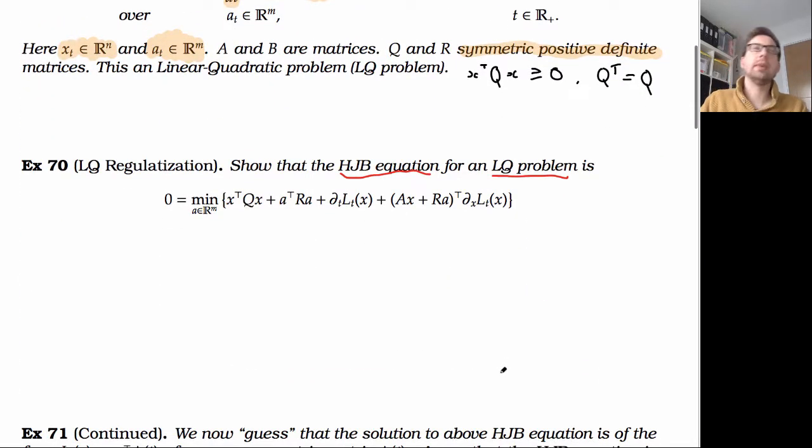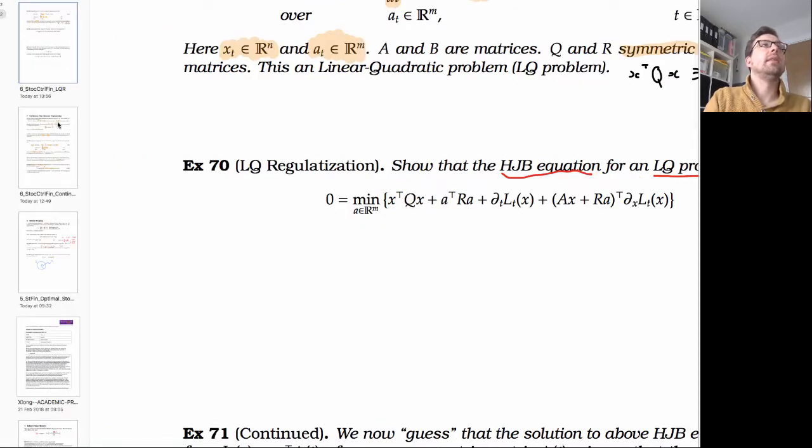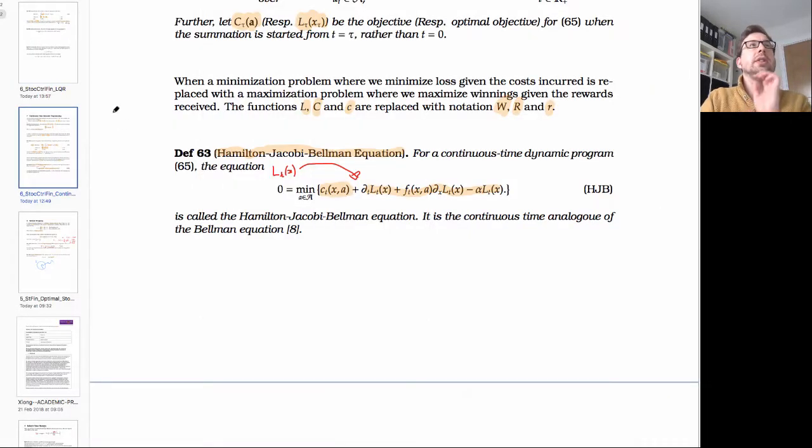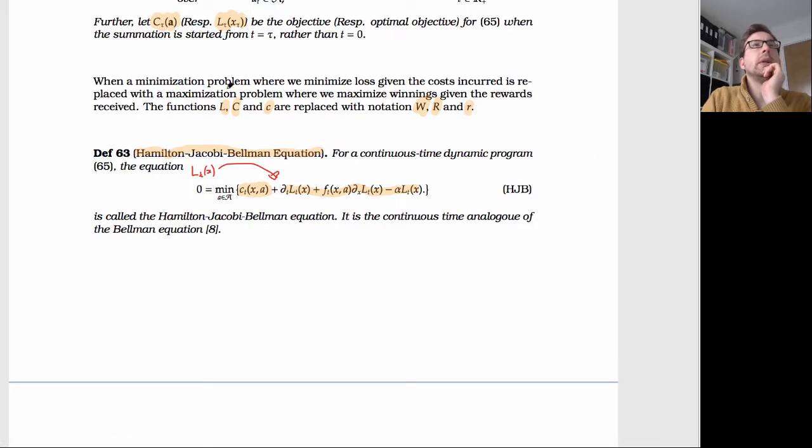It's the minimization of the instantaneous cost, plus the partial derivative of the value function with respect to time, plus the plant equation that gives the state evolution dot producted with the partial derivatives with respect to the state.